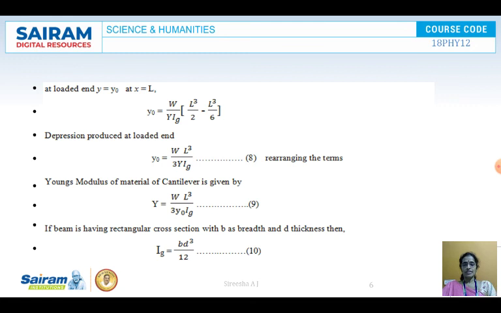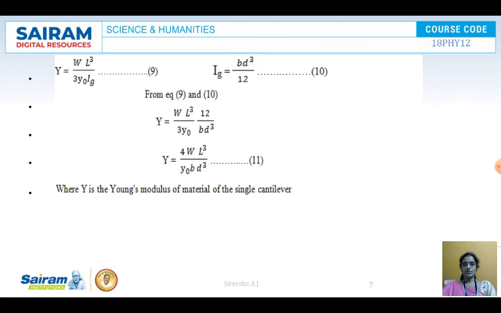This we have seen in the previous derivation. So, we are taking Ig as bd cube by 12, with b the breadth and d the thickness. Then substituting the value of Ig into equation 9, Y is equal to wL cube by 3 y naught into Ig, where Ig is nothing but bd cube by 12.